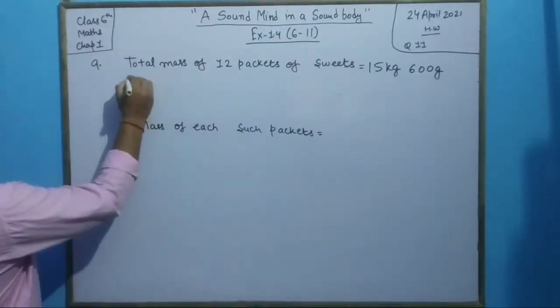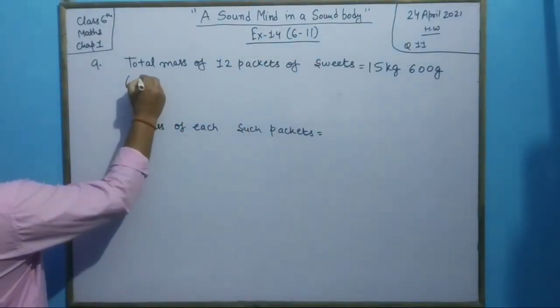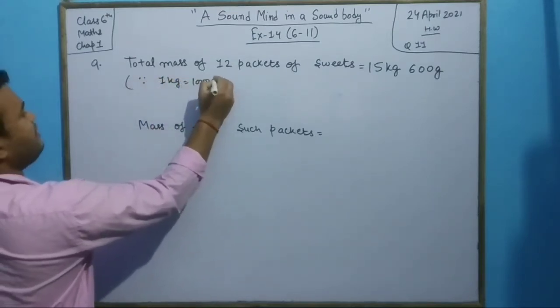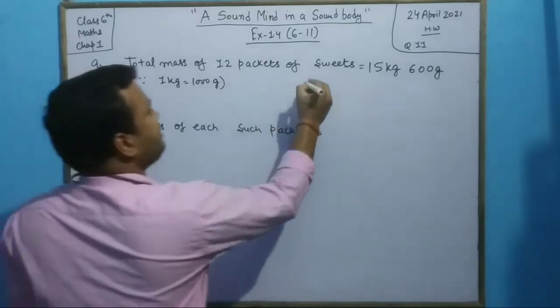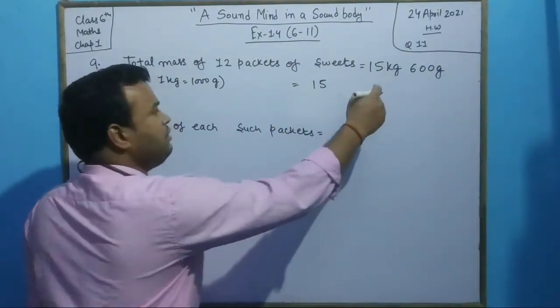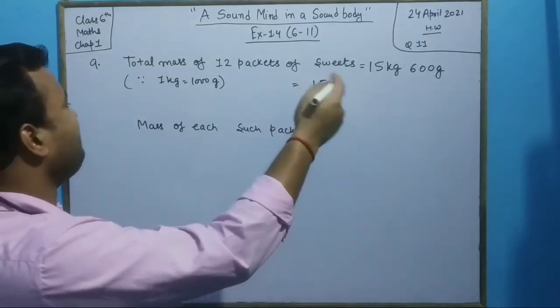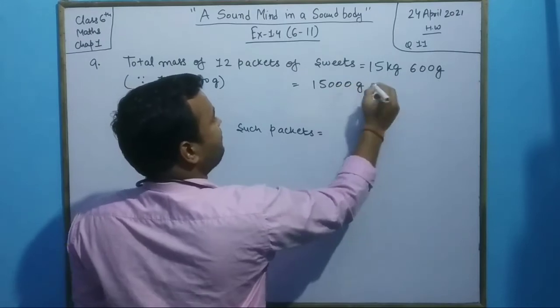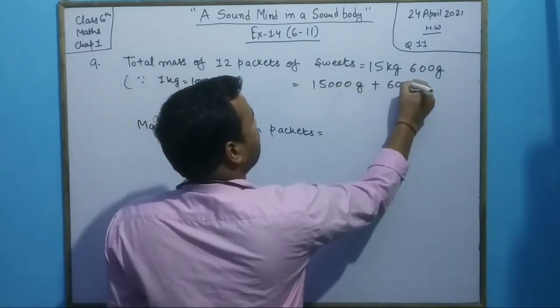Also, I have told you in a previous question that 1 kg is equal to 1000 gram. So we need to convert this all into gram. So we need to multiply kg by 1000 to convert it into gram. So it will be 15,000 gram plus 600 gram.